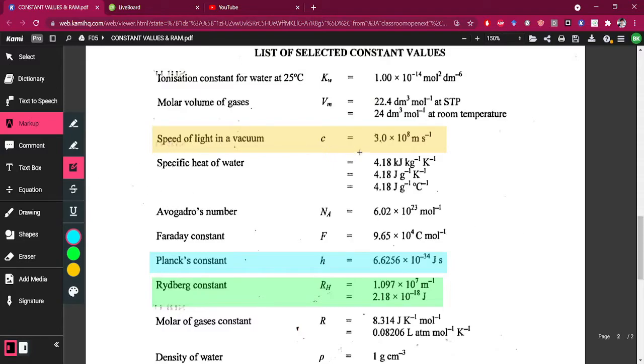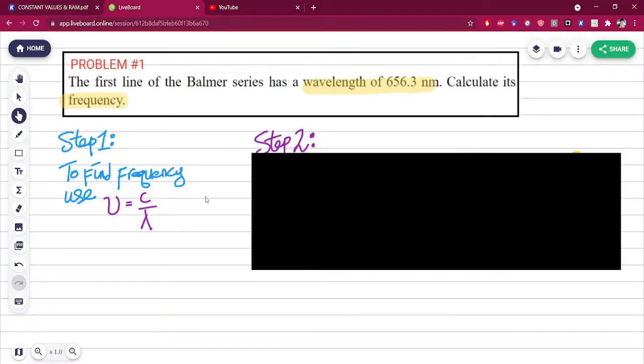From this list of selected constant values, the speed of light in vacuum is given as 3.0 times 10 to the power of 8 meter per second. So you're just going to plug in all the values inside the frequency formula. It's a very simple one.